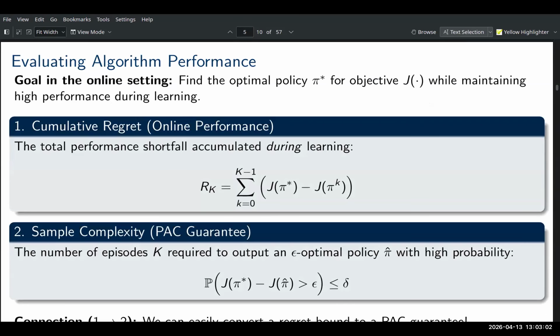The idea of going from here to here is that if you have a good algorithm with a good expected regret, you can get a good PAC guarantee from it. But instead of the PAC guarantee, what if I replace it with second moment behavior, or third moment behavior of this distance? Instead of just the probability of this being smaller than that, what if I want the expected value of the second moment of this to be smaller than a certain quantity?